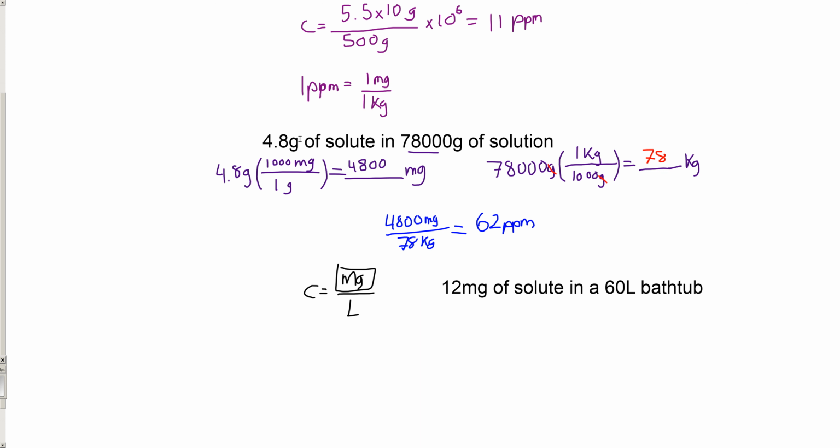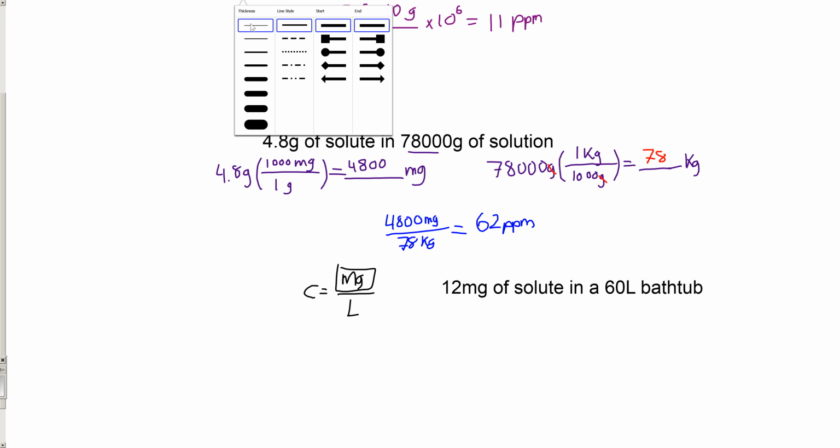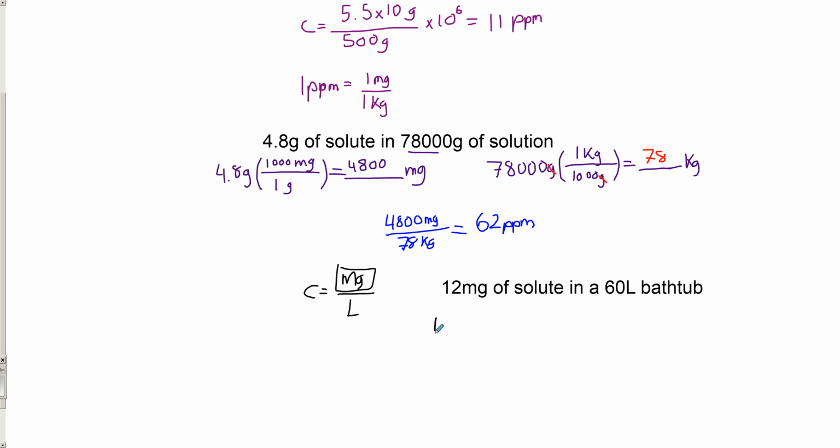I've never even thought of that, to be honest. But math is going to be simple. We have 12 milligrams of solute, and we have 60 liters of solvent. And that gives us 0.2 parts per million. So 12 milligrams of solute in a 60-liter bathtub is a very, very tiny concentration. There's not a lot of solute, there's a huge amount of solution.